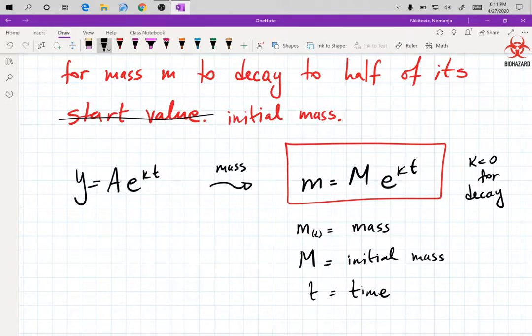Seconds, years, it depends on what you're doing. Certain things decay in a matter of seconds or fractions of a second, and certain things decay for tens of thousands of years, like plastic.